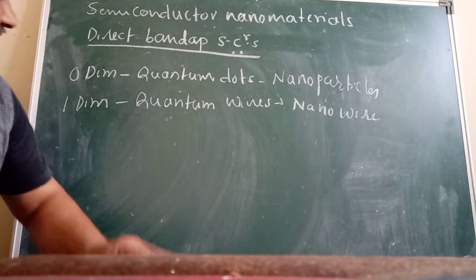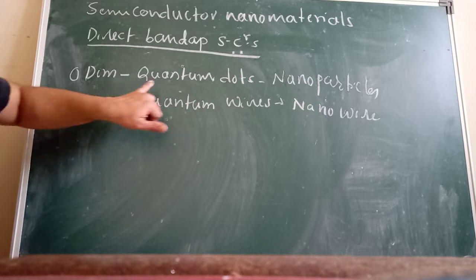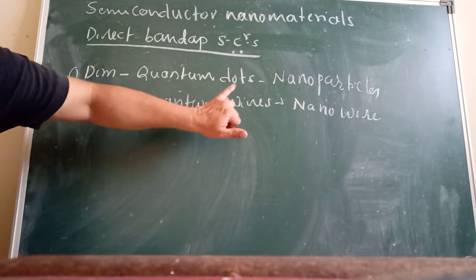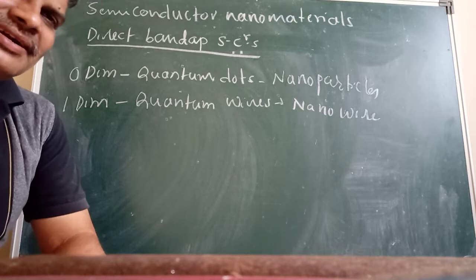further. Here, where in the last lecture we left off at zero dimension, quantum dots, nanoparticles, one dimension, quantum wire, semiconductor.